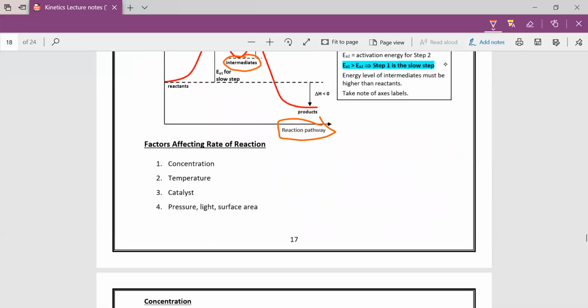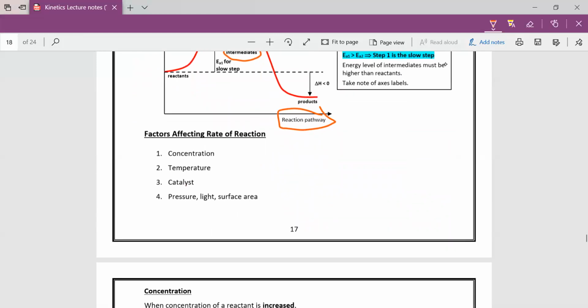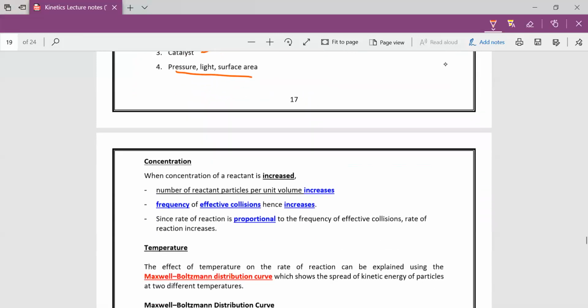Okay, now we're going to look at the factors affecting rate of reaction, which involve concentration, temperature, catalyst, and three others. These other three are not so significant. The more significant ones are the first three. Okay, so let's look at concentration.